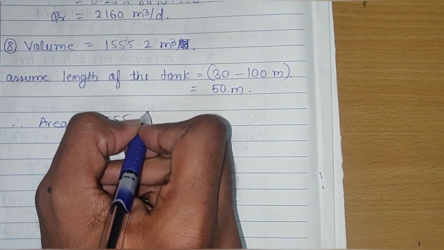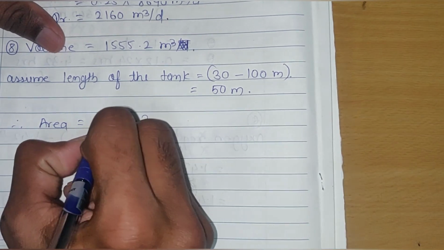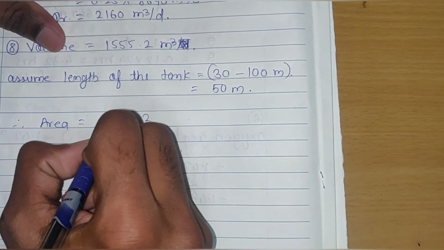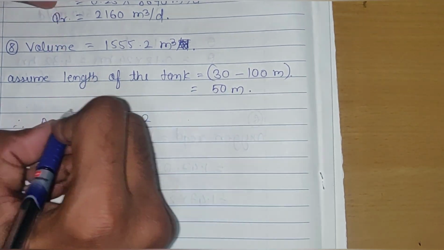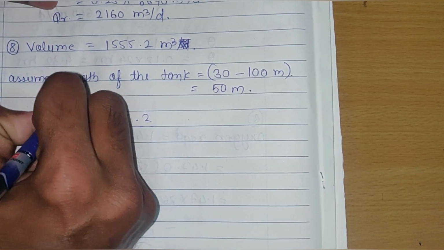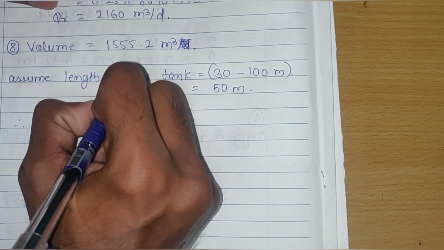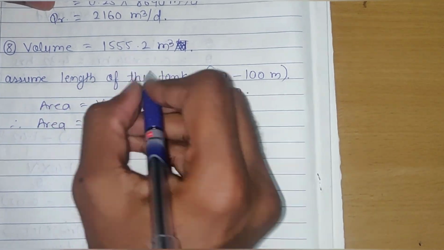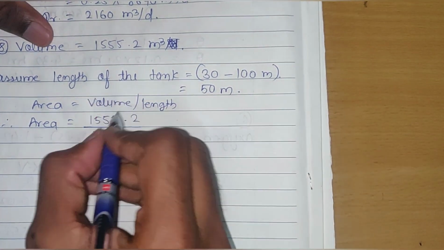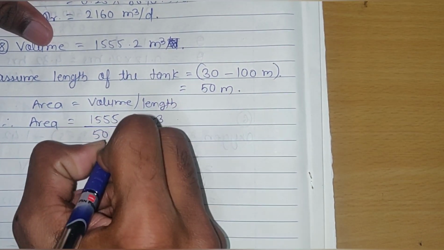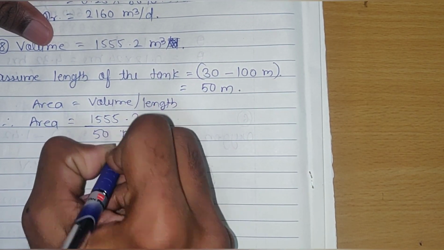Therefore area is equal to 1555.2 divided by 50 meter. The formula for area is volume upon length. The volume is in meter cube, length in meter.